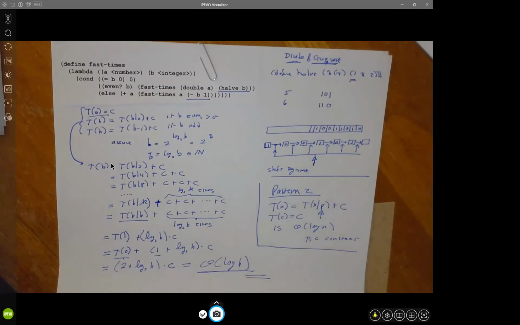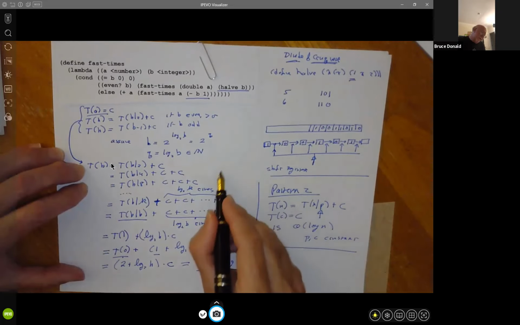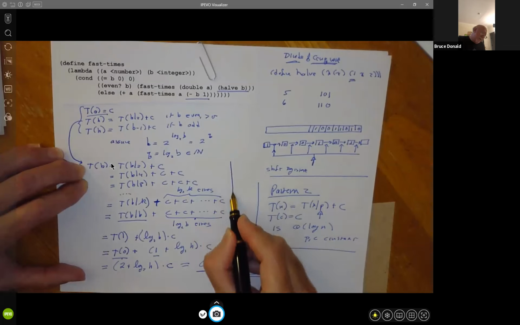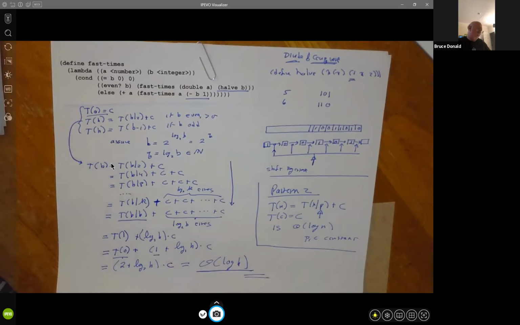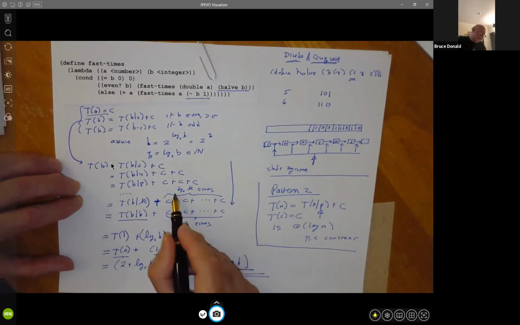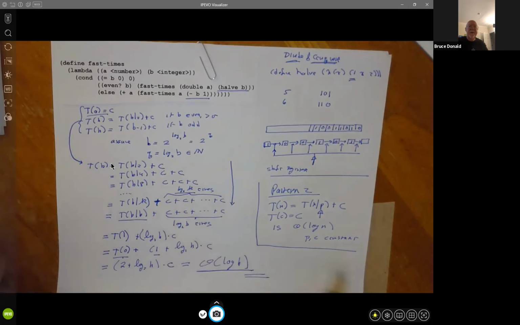If you're interested, I just gave you an intuitive explanation of this. If you want to see it in more detail, and that's a great thing to ask, you can back up the fact that this is actually log base 2 of k using induction and the substitution model. Your trusty TA Omar has written up our proof, and that's on the web under the lecture notes.